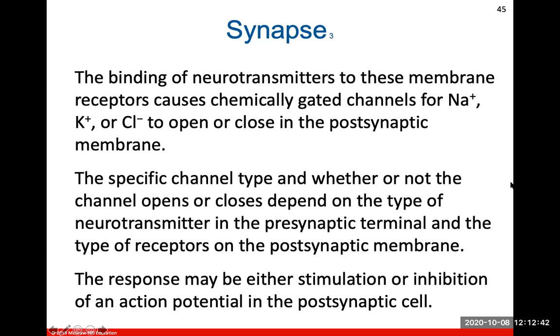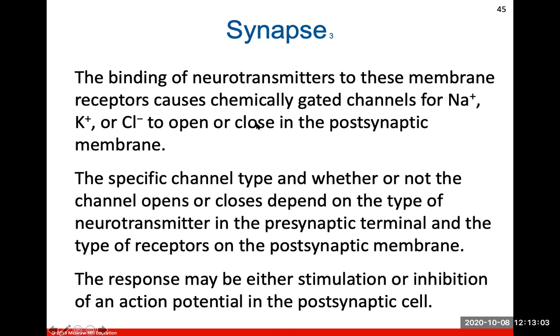Within the synapse, when those neurotransmitters bind to membrane receptors on the postsynaptic neuron membrane, this will cause chemically gated channels for either sodium, potassium, or chloride, depending on what type of neurotransmitter it is, to open or close in the postsynaptic membrane.